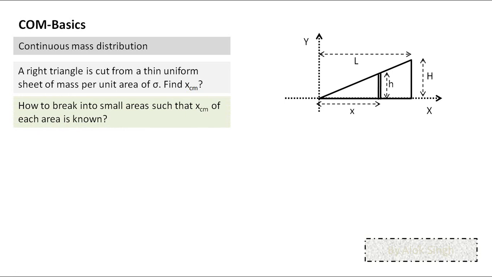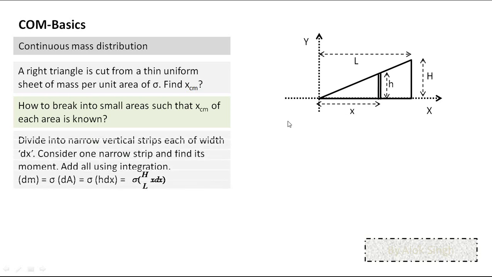Here we can divide in such a fashion. Imagine it in your mind, conceptually: we divide this entire right angle triangle into several vertical narrow strips. How many such strips? An infinite number of narrow strips. What is the advantage? We divide into narrow vertical strips, each of width dx.